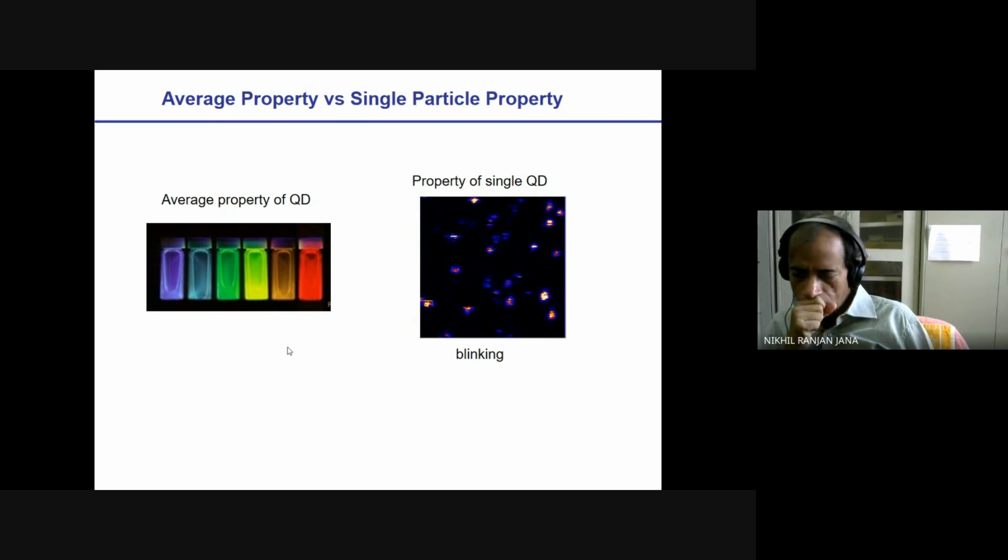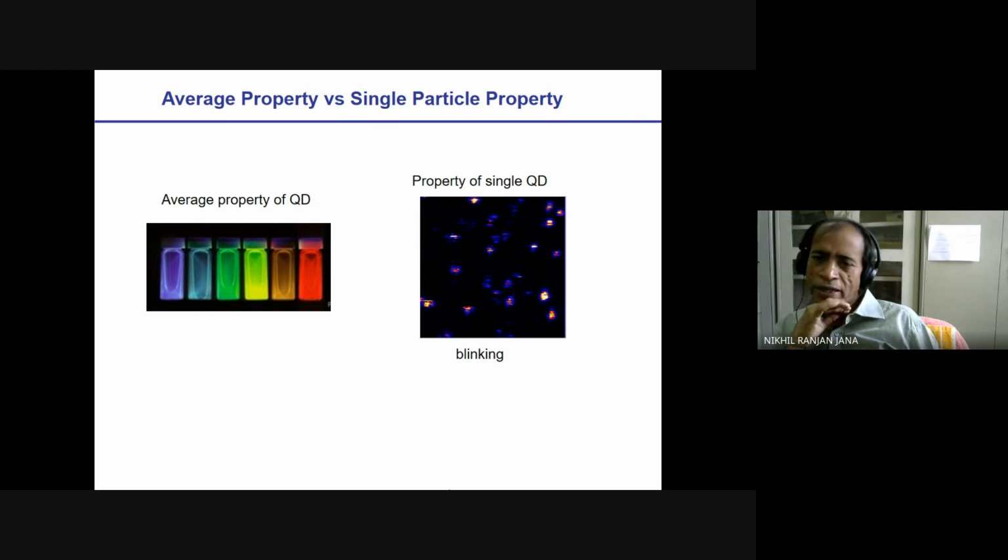What does that indicate? We made a mistake by describing quantum dots by average property. The average property of fluorescence is stable, no blinking, no change in fluorescence intensity. But when you go down to a single particle, you see these blinkings.